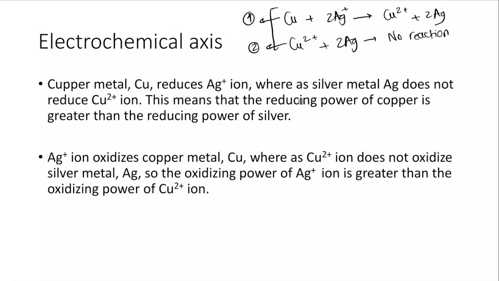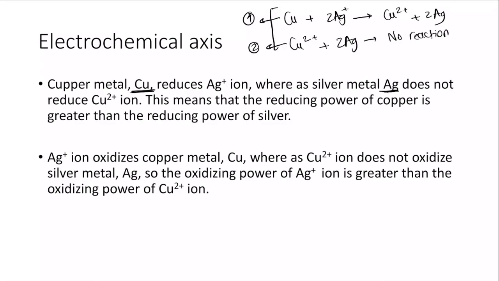This means that the reducing power of copper is greater than the reducing power of silver. Here we are comparing metals: the copper metal and the silver metal. Why? Because we're comparing reducing powers.